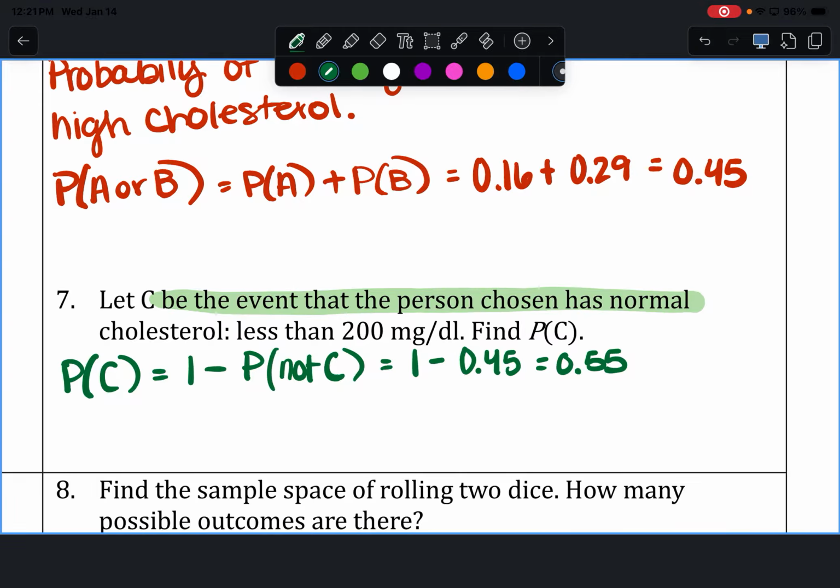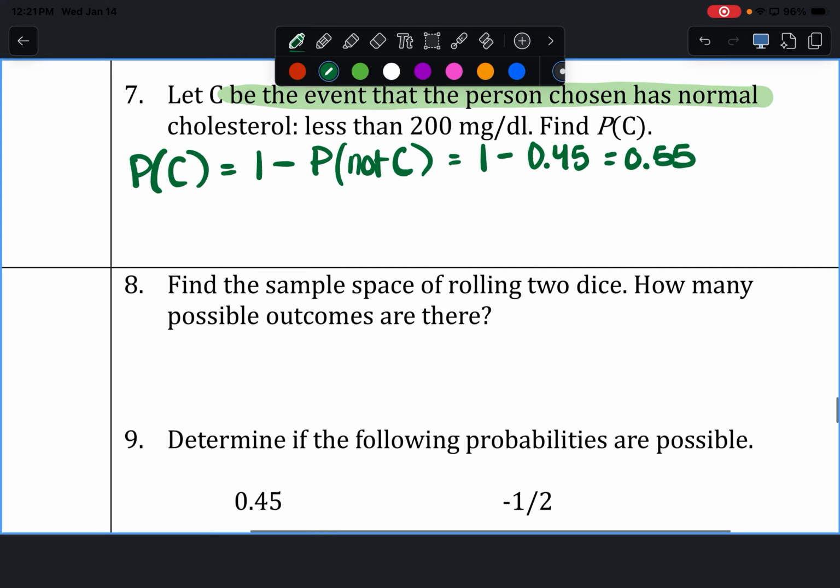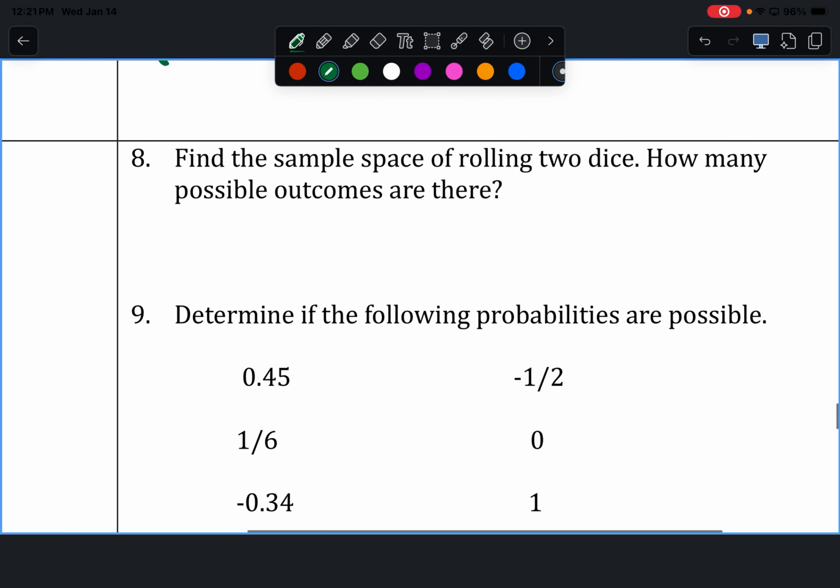All right. Now, question 8. Question 8 asks us to find the sample space for rolling 2 dice. That is where if we take 2 dice, remember the first dice can be 1, the second dice can be 2, or second dice can be 1, the second dice can be 2, 3, 4, 5, 6. I've actually already written out the full sample space on the board over here.